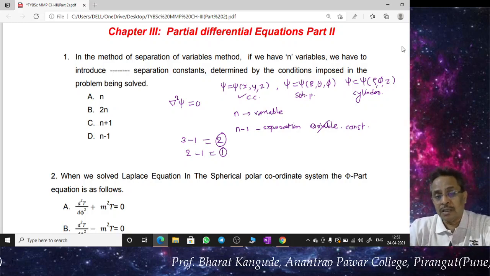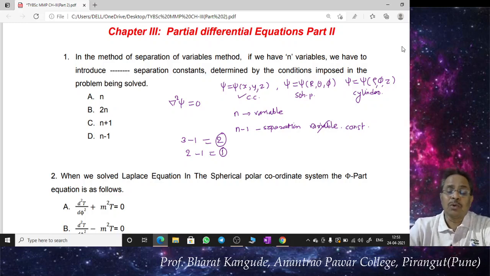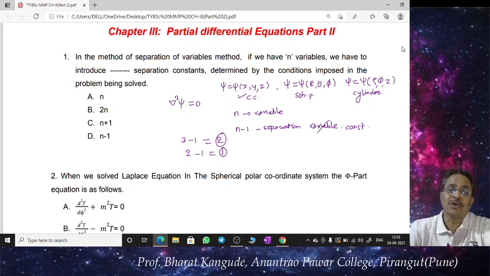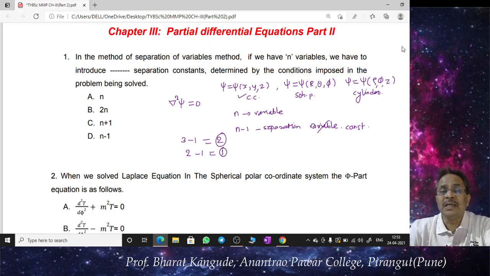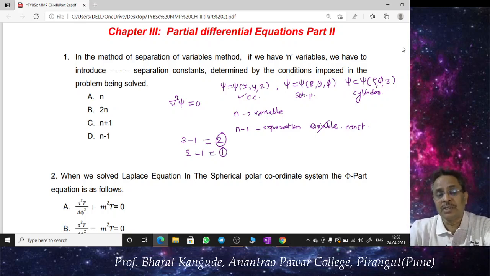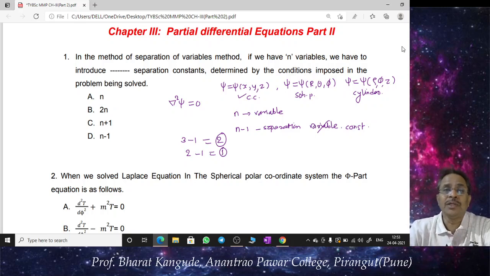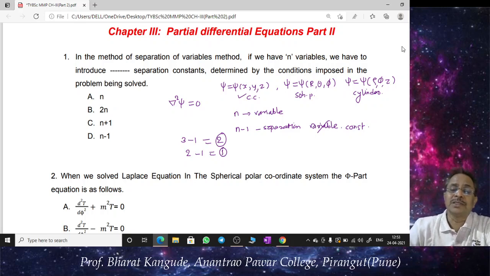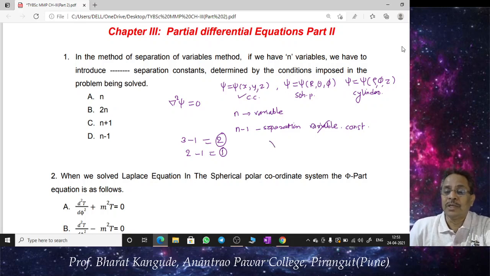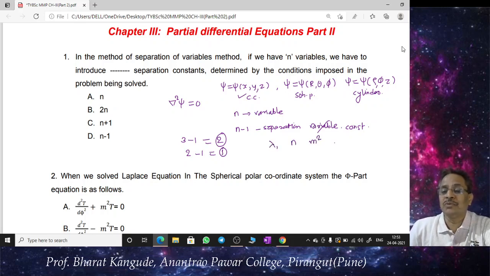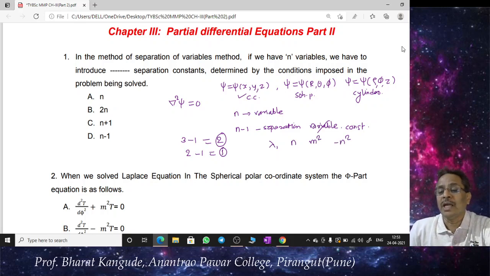Again, the choice of this type of separation constant, or the number we are supposed to choose as a constant there, is again a skill and an art. It depends upon the type of problem and the symmetry involved in the problem. Sometimes we take this constant to be some lambda, sometimes n, sometimes m square, sometimes minus n square, and so many.